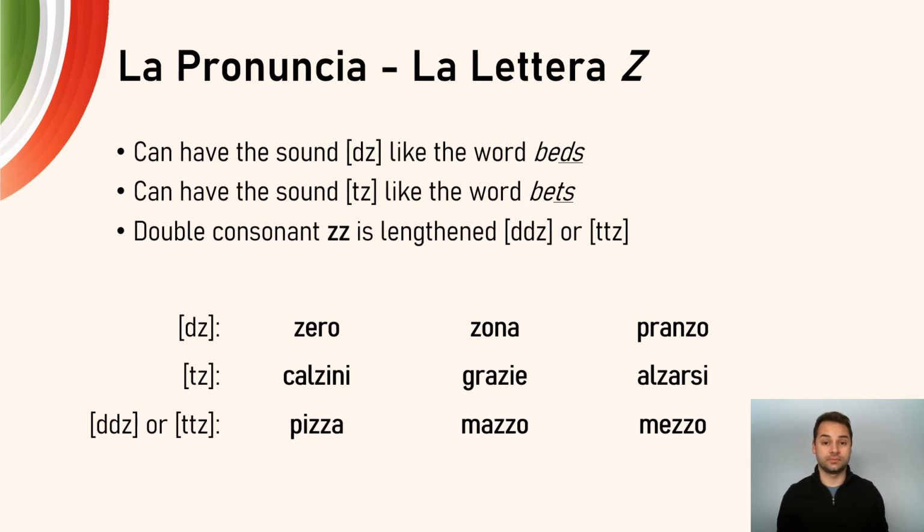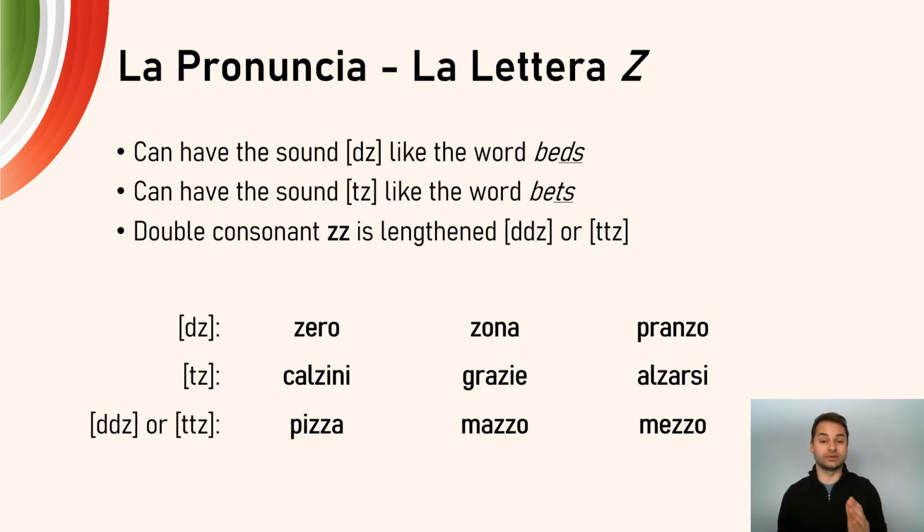There's that variation there. Again, it's going to get a little bit of practice the more that we see it, read it, and hear it. Let's take a look at some examples. Zero, zona, pranzo. Calzini, grazie, alzarsi. Variation.